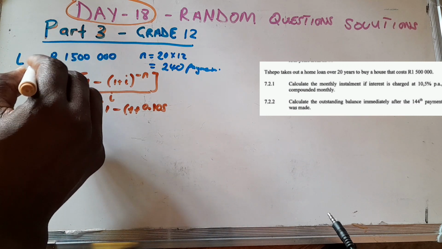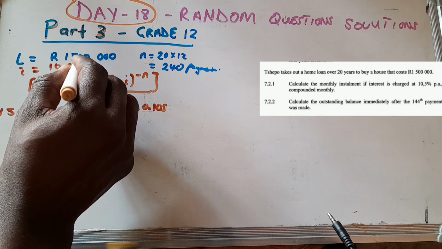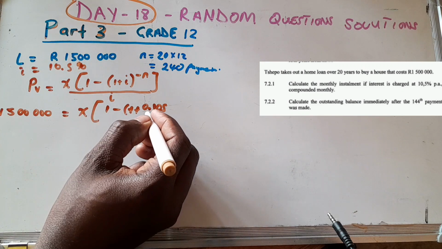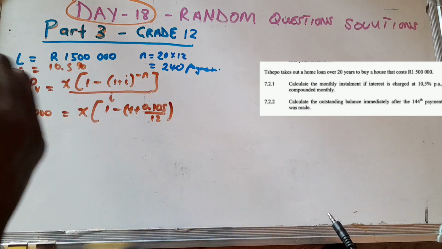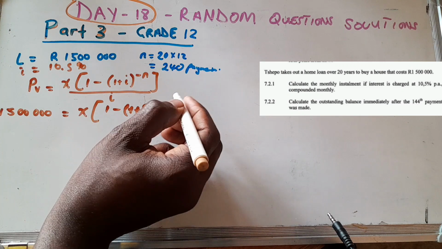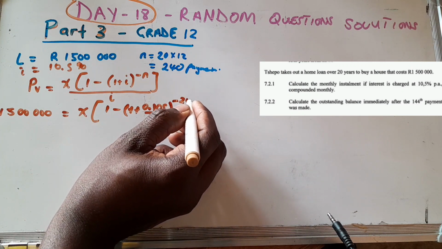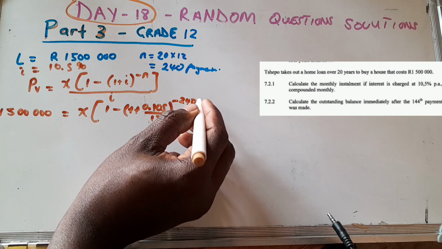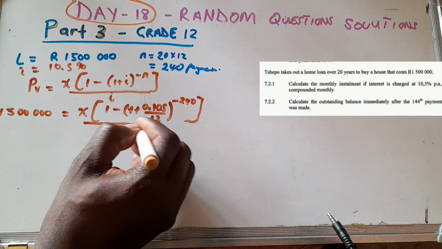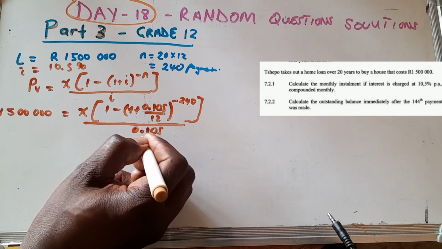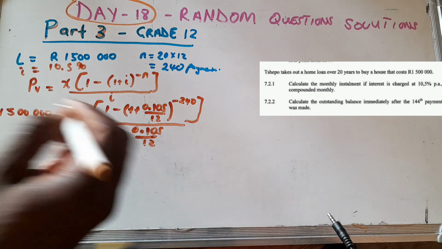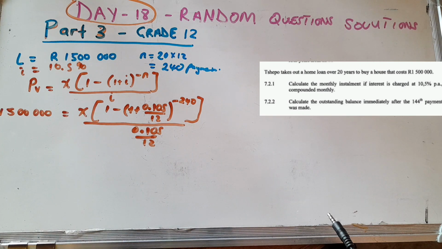They gave us that the interest is 10.5%, right? So it is like that, divided by 12, because it is compounded monthly, to the power negative 240, right? All over the interest again, which is 0.105 divided by 12, like that.